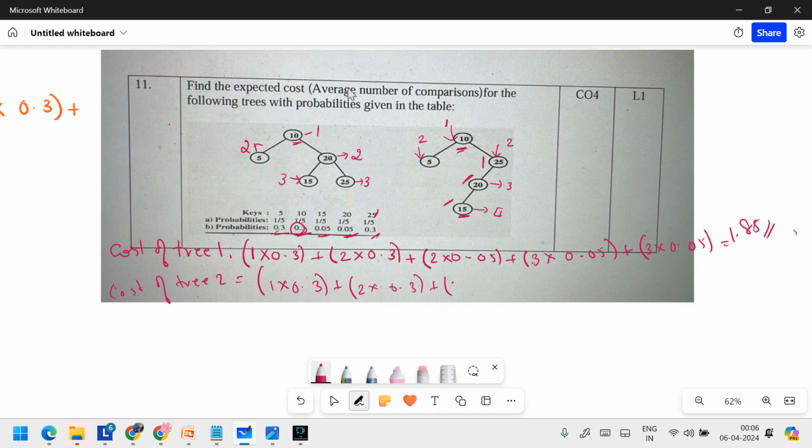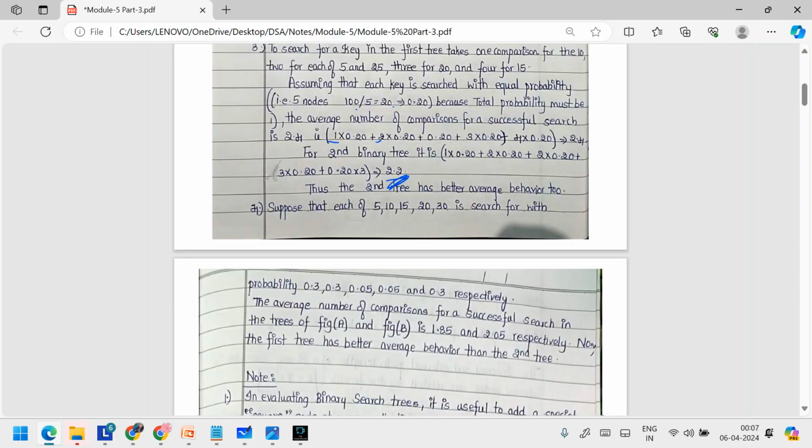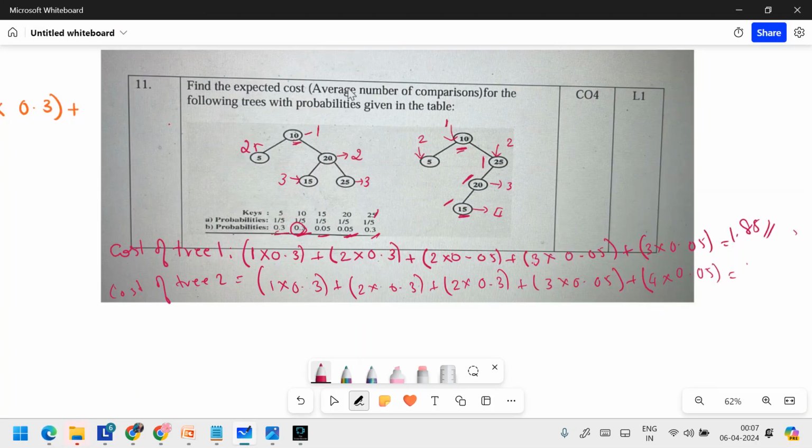So its comparison is 2 and its probability is 0.3 plus for 20 it is 3 comparisons, its probability is 0.05 plus 15. 15 has 4 comparisons and its probability is 0.05. So we are getting the value as 2.05.